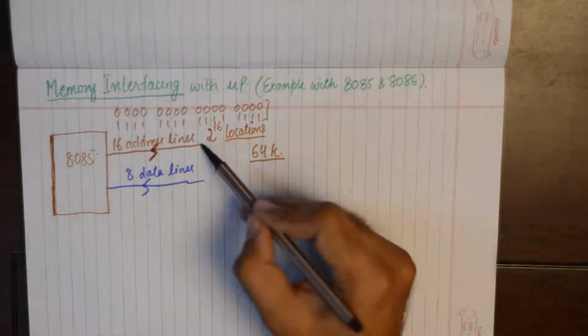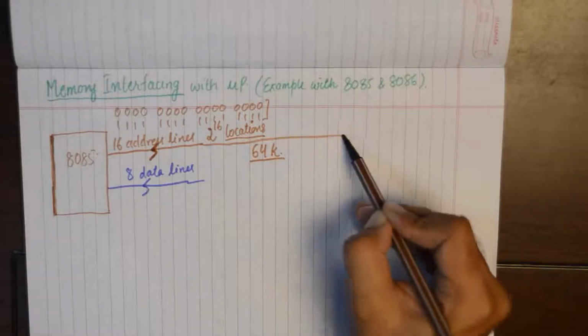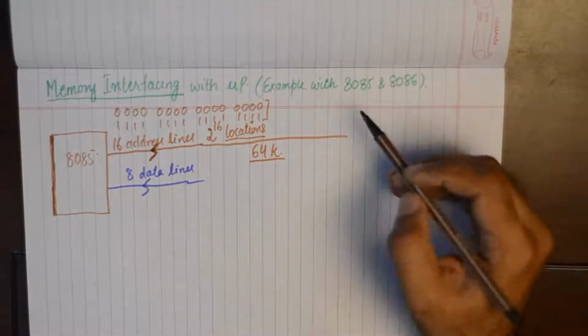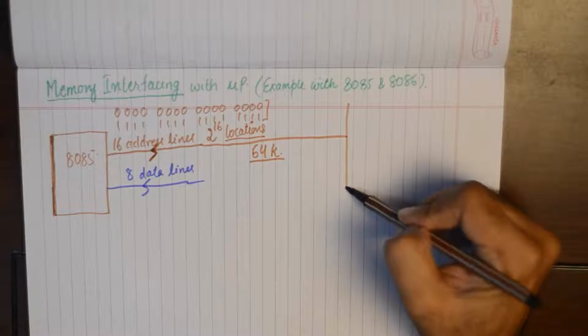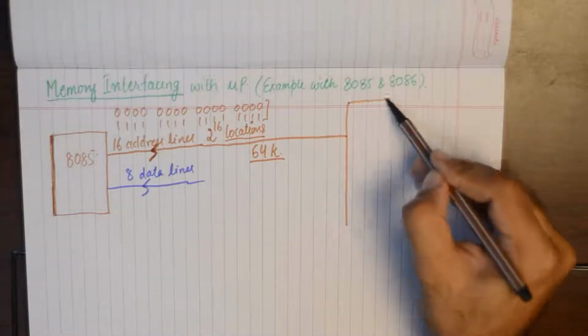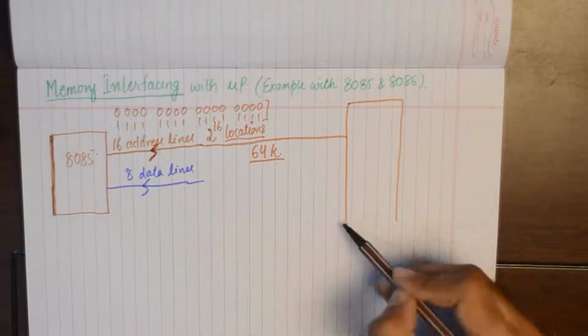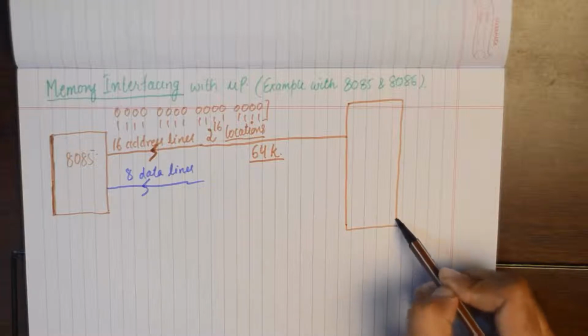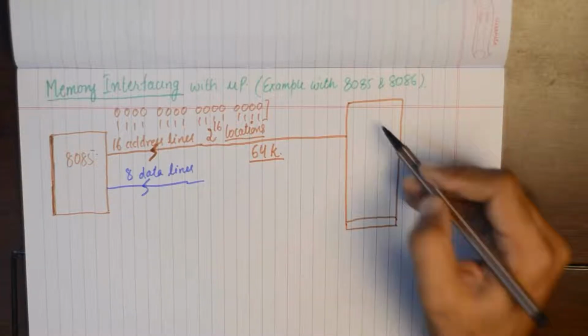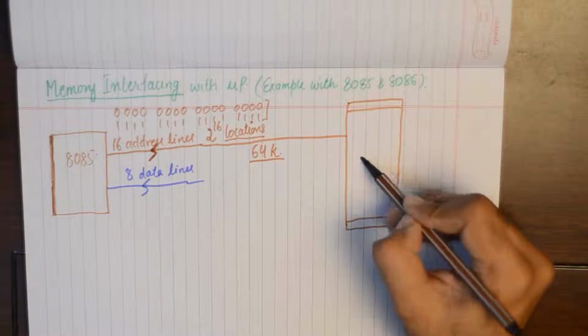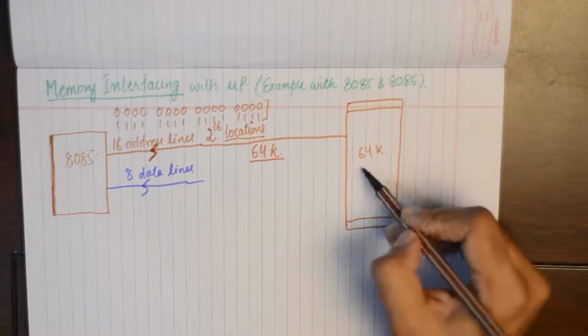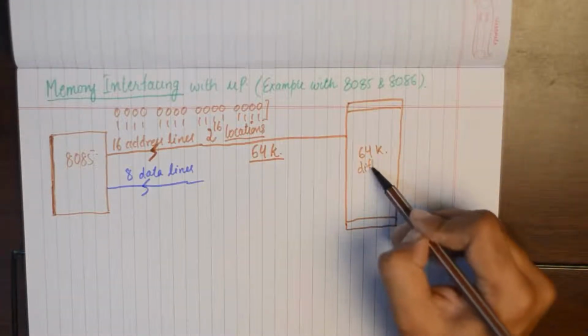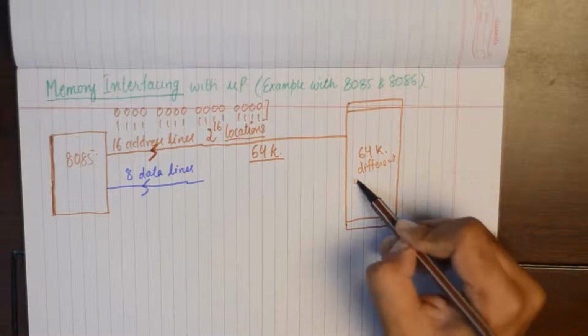So we'll take these address lines and connect this microprocessor to a memory which has 64K different addresses.